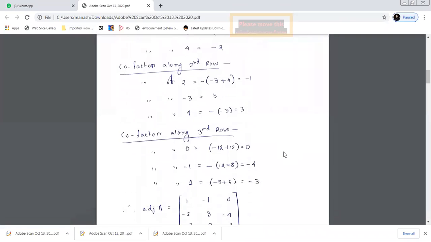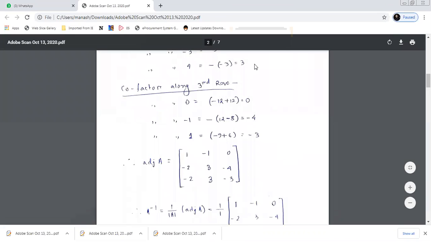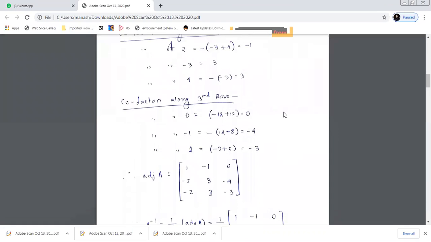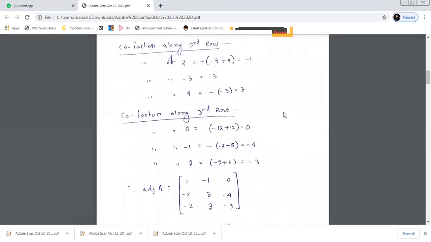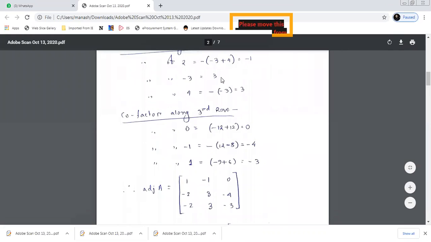You have to put them in the second column. Now the cofactors along the third row are 0, minus 4, minus 3. You have to put them in the third column.